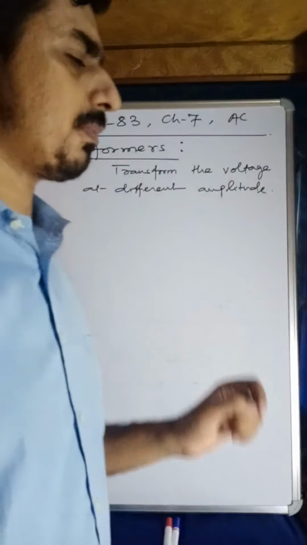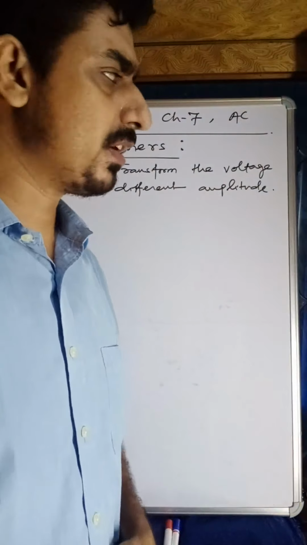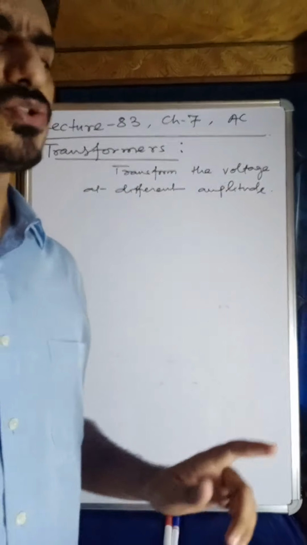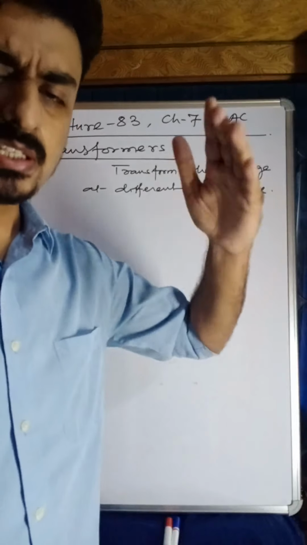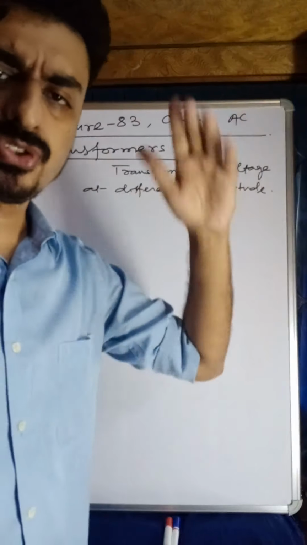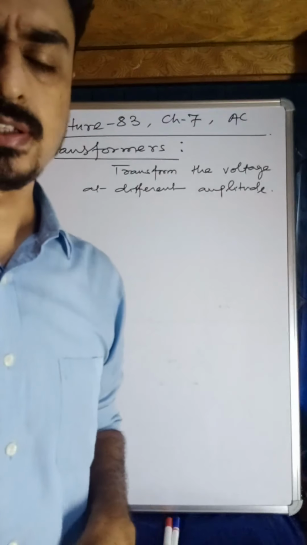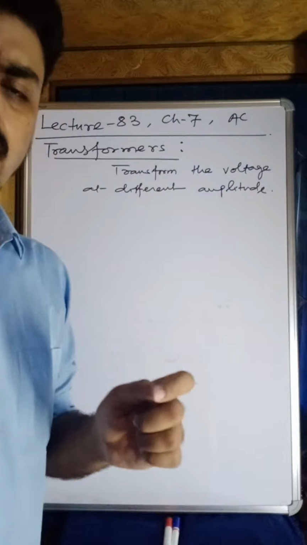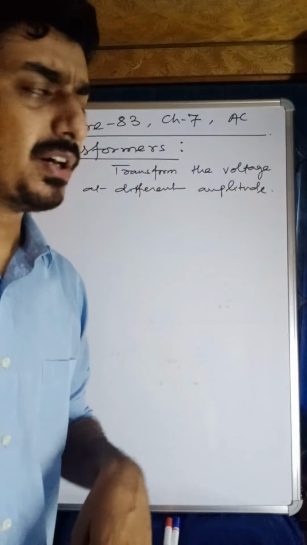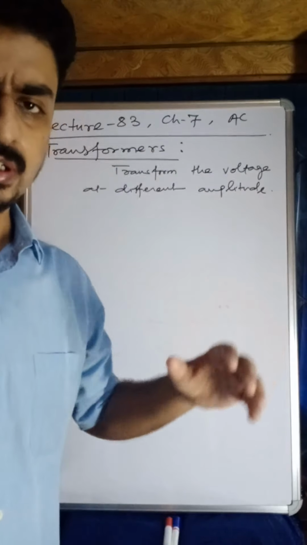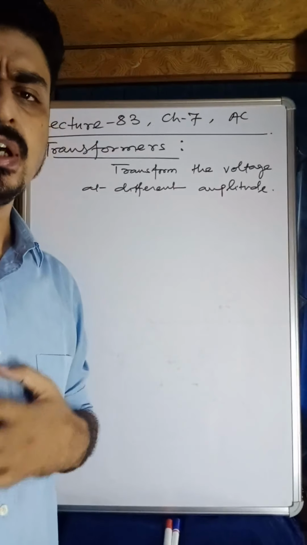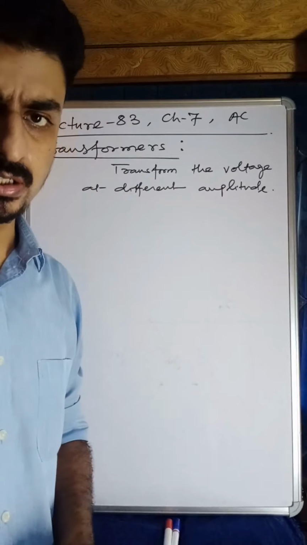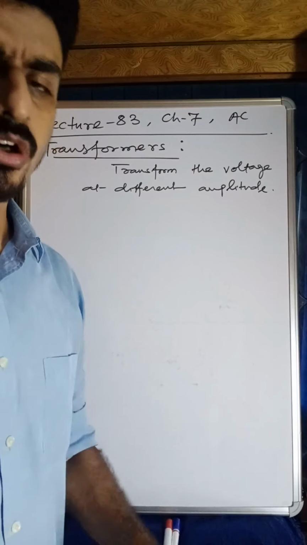But before that, you should remember, we know that alternating current changes its amplitude. All right, the peak value changes in alternating voltage. But in direct current, DC voltage, we have studied that the current remains constant.